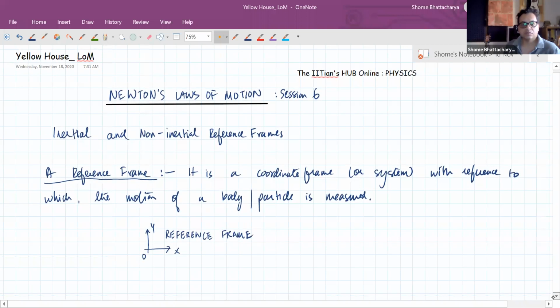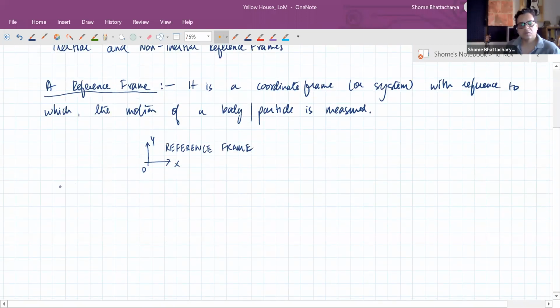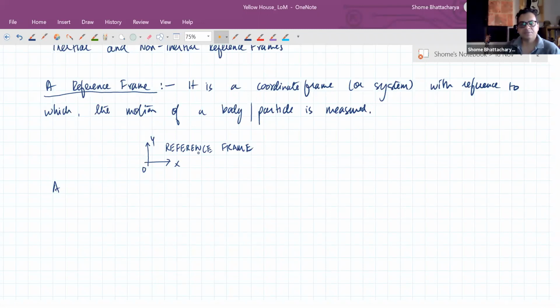So a reference frame which is attached to the ground or the earth's surface becomes what we call the ground reference frame, and in a sense it is absolute because it is at rest with respect to the ground. But different reference frames may not be at rest with respect to ground, they might be in motion.